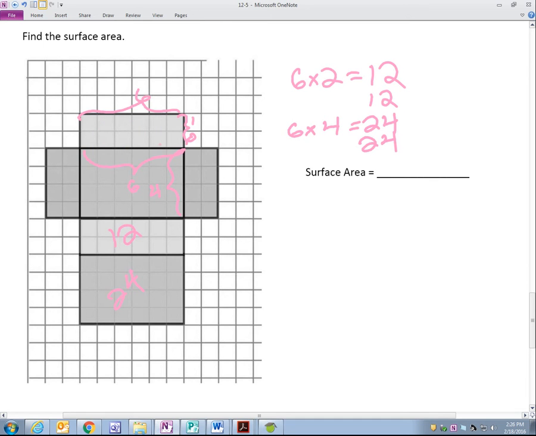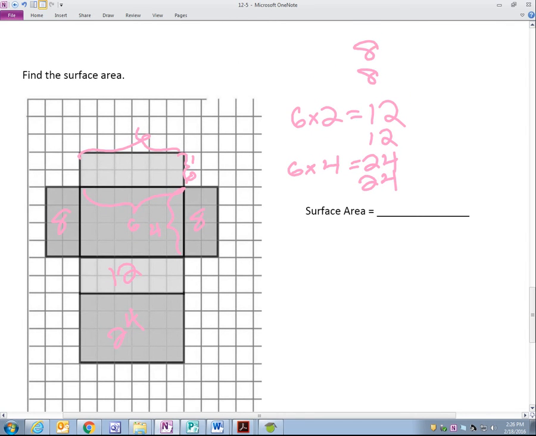So you've taken care of all the ones in the middle. Then I have my sides, which is 2 by 4, which is 8.